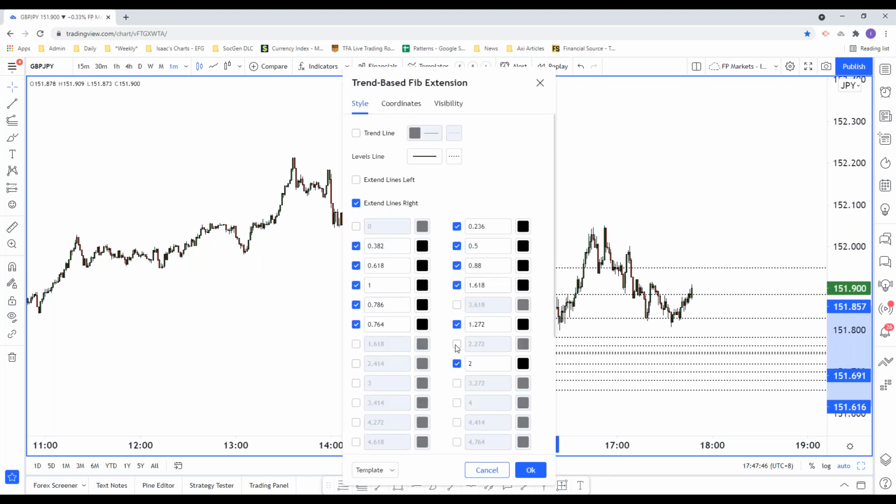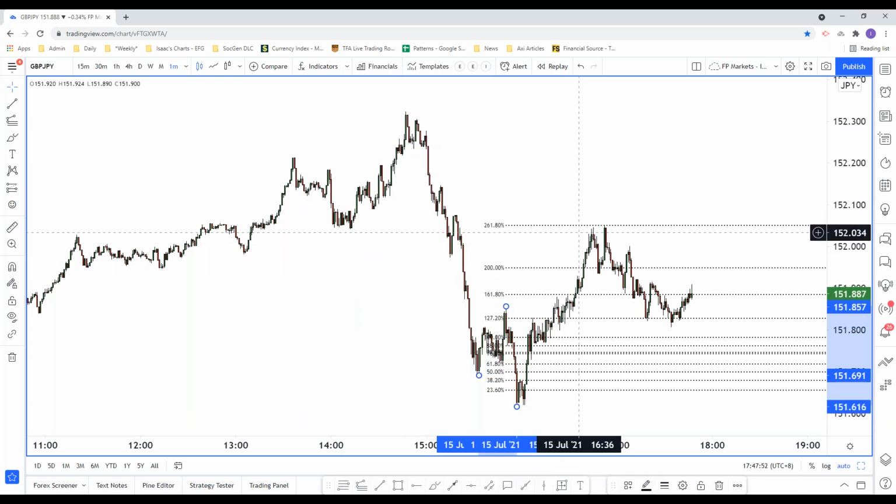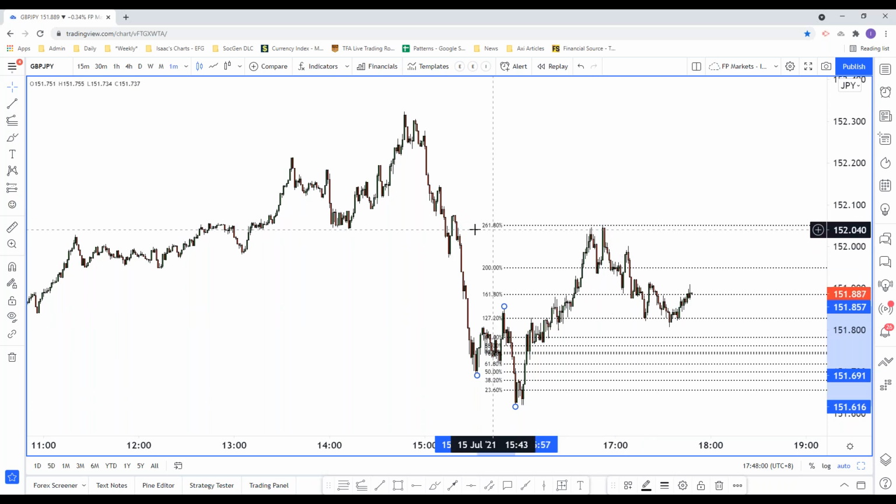Just give me a moment. 2.618. And you can see very beautifully that even on the 1 minute, price has projected to the 2.618 level. You look to the left, there are no graphical levels around, and price rejected from there and started coming back down.